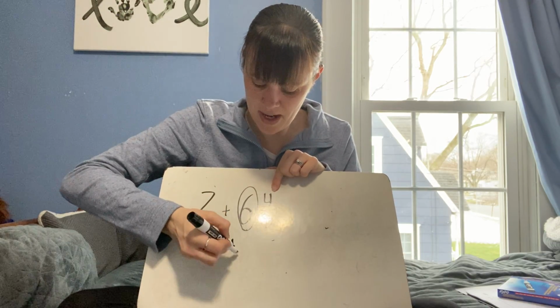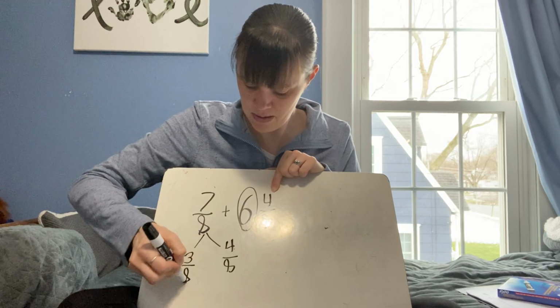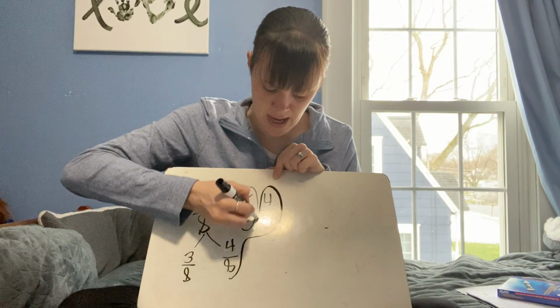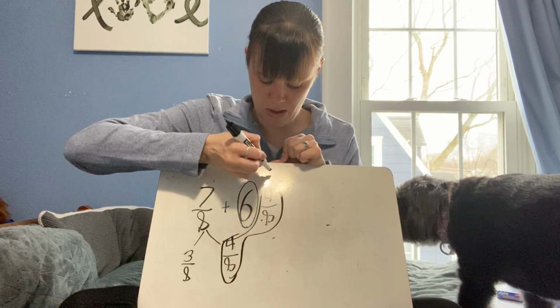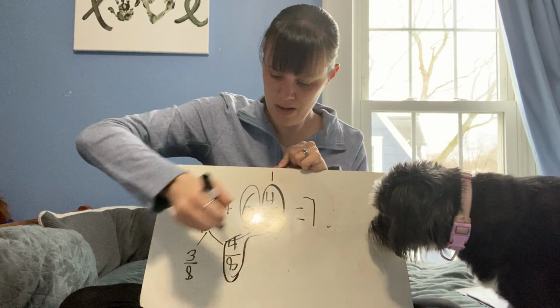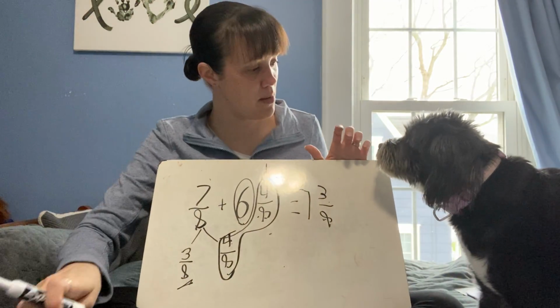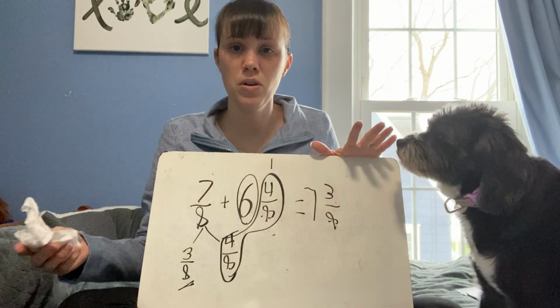I need 4/8, and that leaves me with 3/8. So if I add those, I get 1 whole. So 6 plus 1 is 7 and 3/8. Penny, really, stop. So either way works.